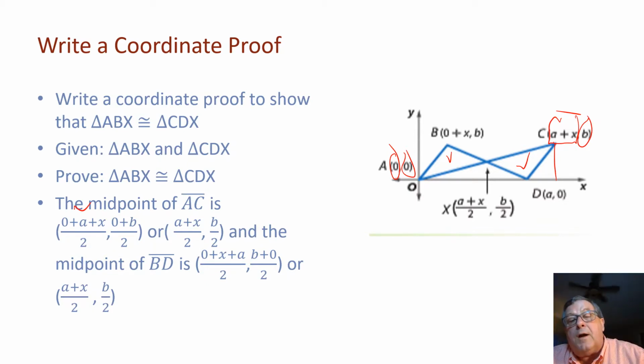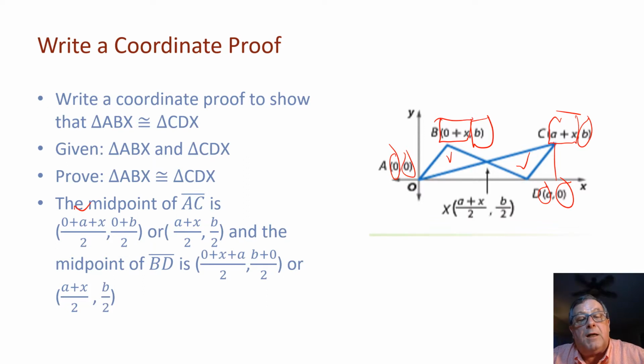And then when we look at the midpoint of BD, well, x1 is 0 plus x, let's say, and A. And our y coordinates then are B and 0.